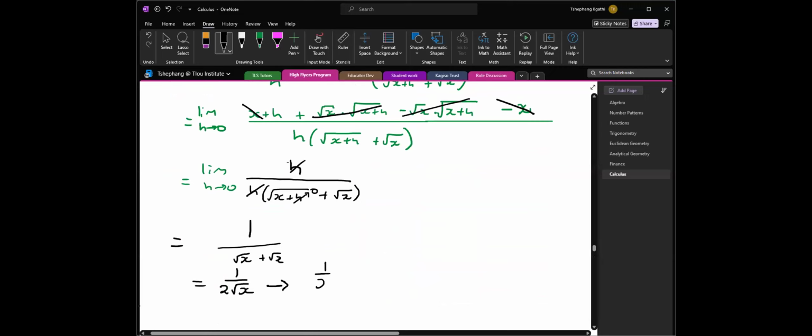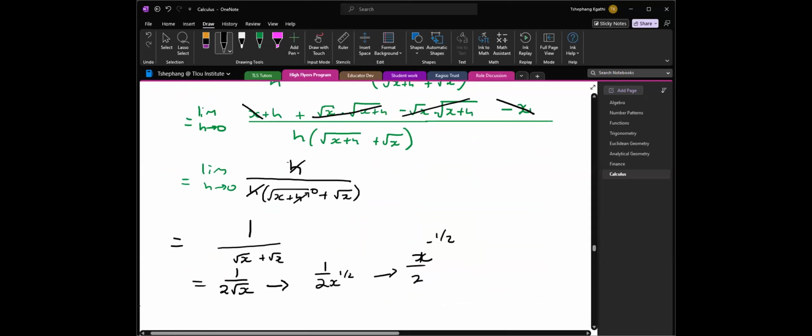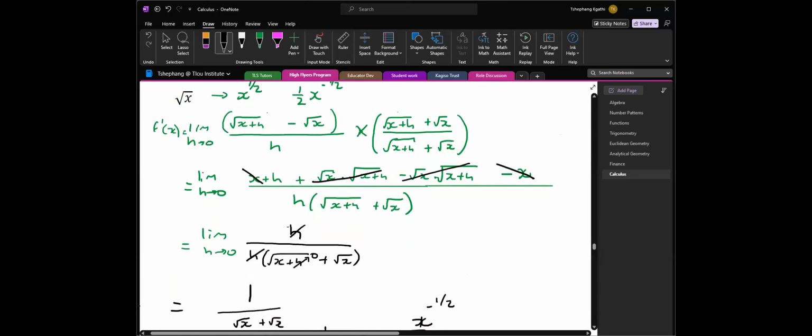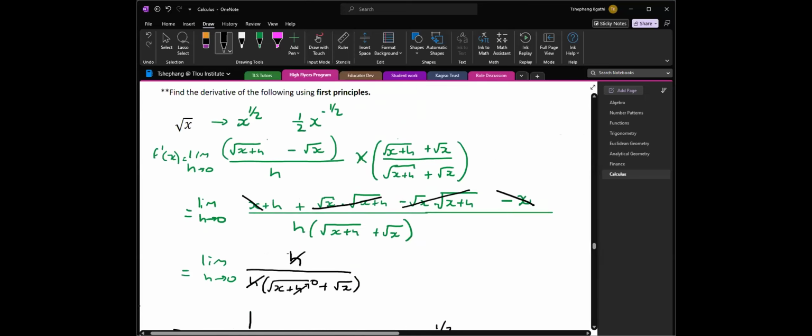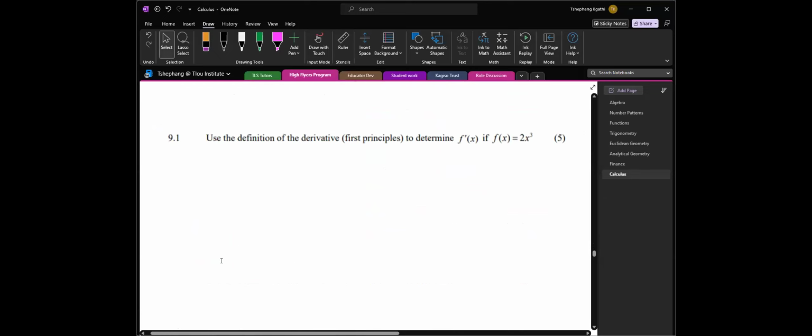So 1 over 2 stays there, and the square root is the same as x to the power of a half. If it goes up, it is x to the power of negative a half, which is exactly the same answer that we have here. That is how you do that kind of a question.